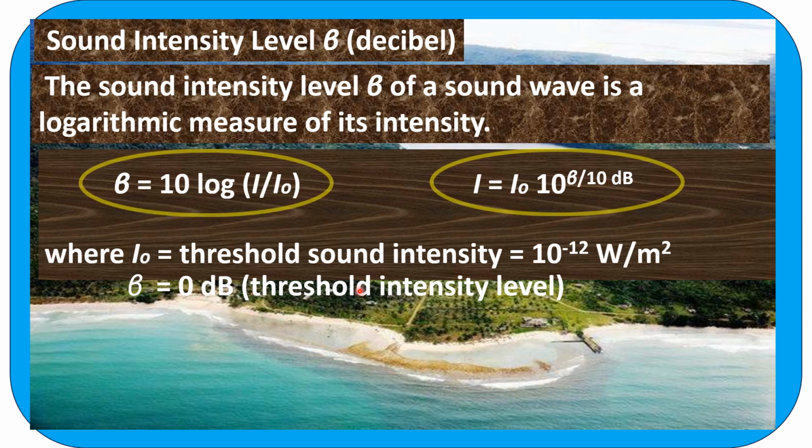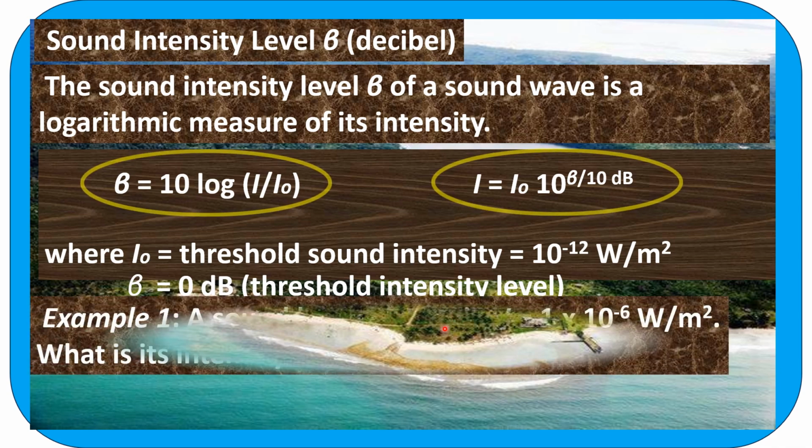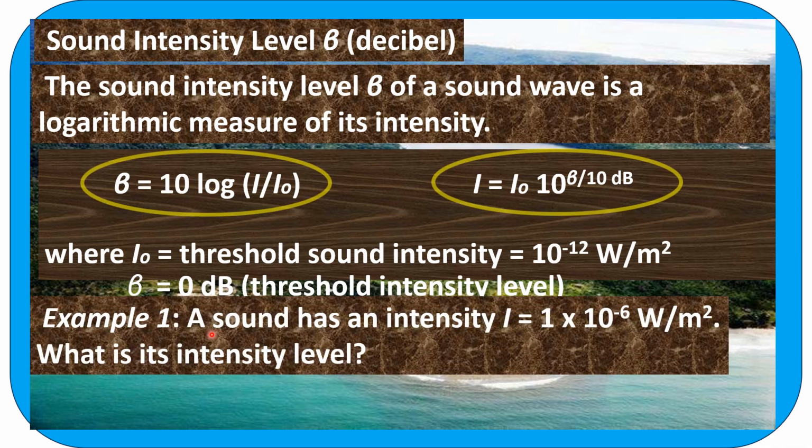For our first example, supposing there is a sound with an intensity capital I equal to 1 times 10 to the negative 6 watts per meter squared, and we are asked what its intensity level is. We just use the first equation, beta equals 10 log of I over I naught.